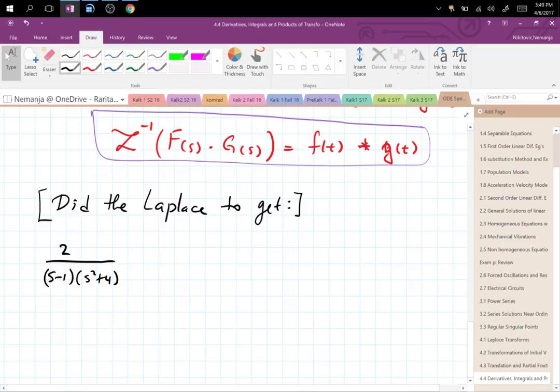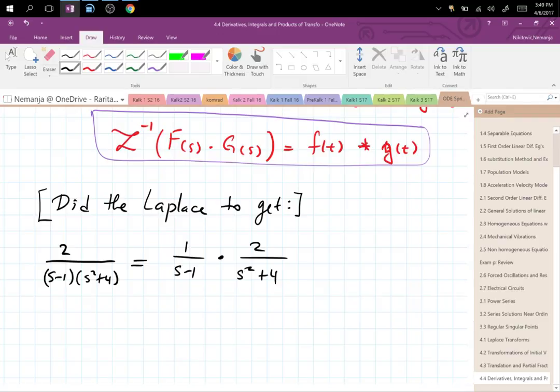So now you can do your partial fractions, or you can say, but I can write this as a product of two functions that are easily transformed, and then I convolve those two inverses. So you can write this as 1 over s minus 1 times 2 over s squared plus 4. So I'm able to break these into two basic functions.